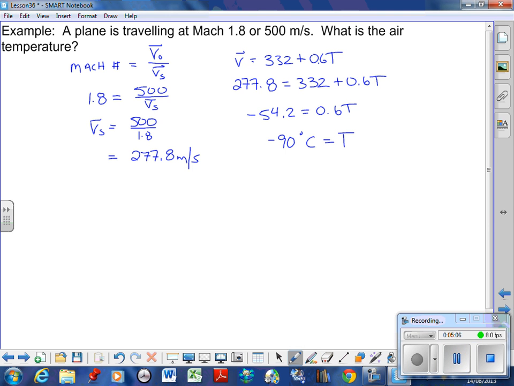So that's rather frigid. Not sure how realistic, but it gives you a feel for the process.